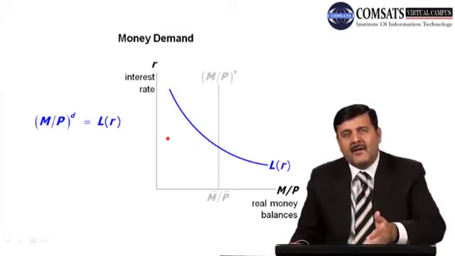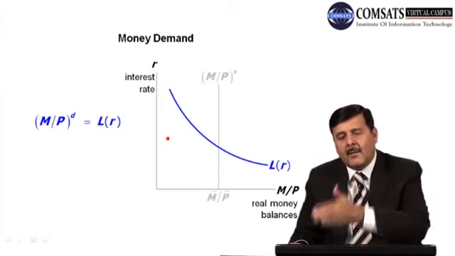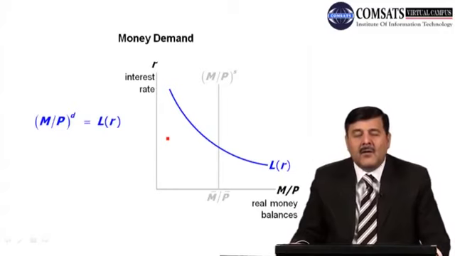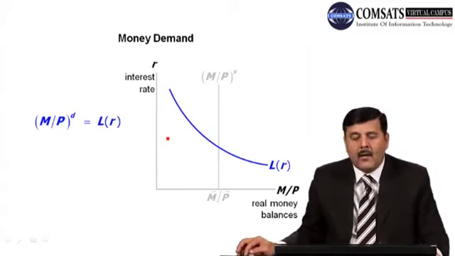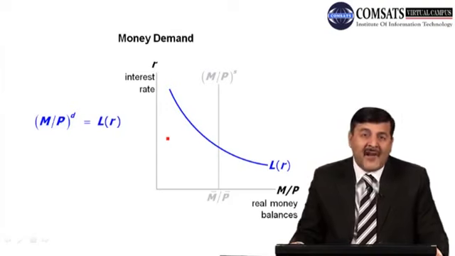Similarly, as we measured interest rate on the y-axis, again here we are measuring interest rate on the y-axis, and demand for real balances on the x-axis. Now as we know, the demand M over P is the demand for real balances, and it depends on the rate of interest.